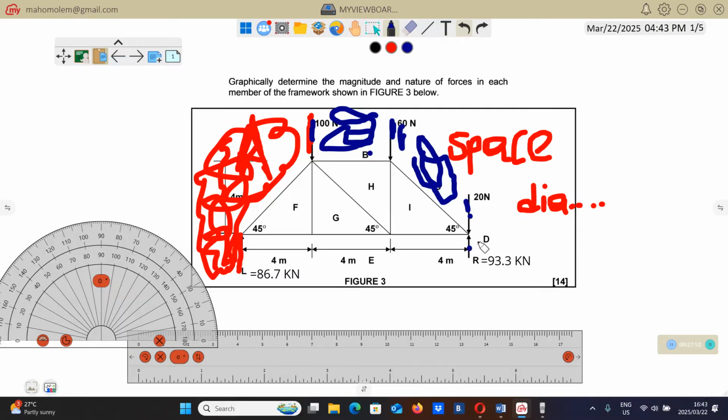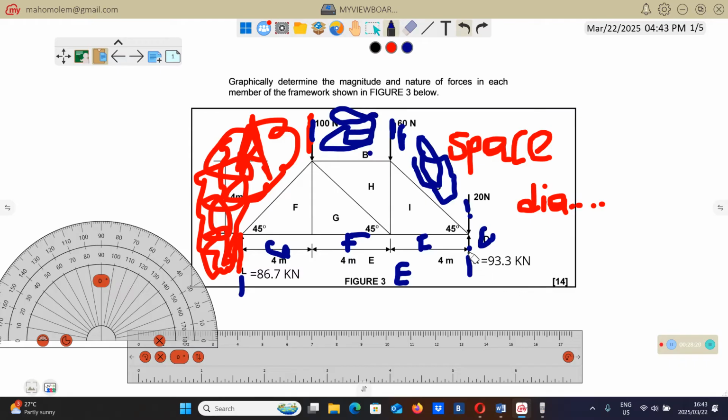Between this force and this force, the space is named D. Between this force and this force, the space will be called E. We name the spaces between the forces, so we're not going to have E, F, G just anywhere.